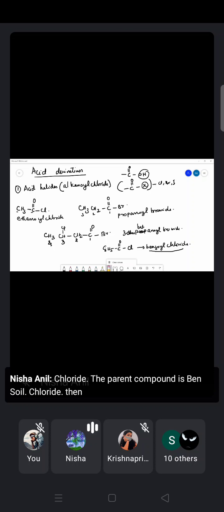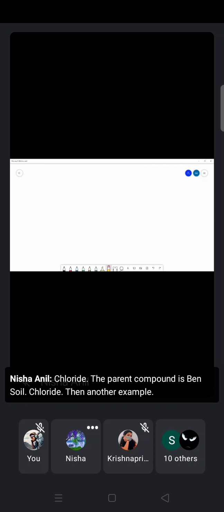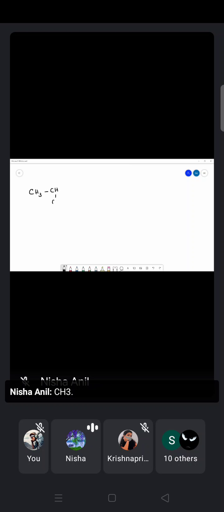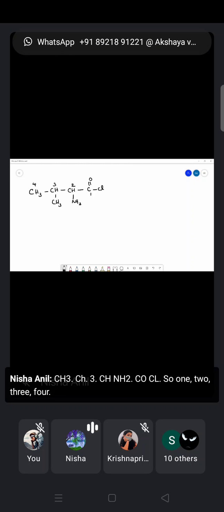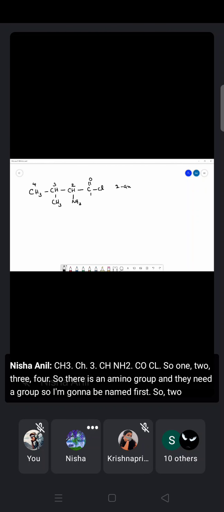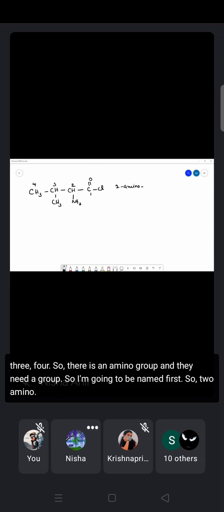Then another example, CH3 CH3 CHNH2 COCl. So 1, 2, 3, 4. So there is an amino group and a methyl group. So amino should be named first. So 2-amino, 3-methyl, butanoyl chloride.